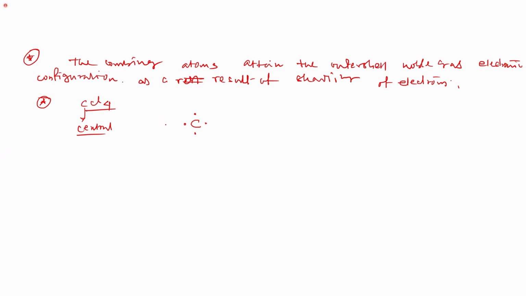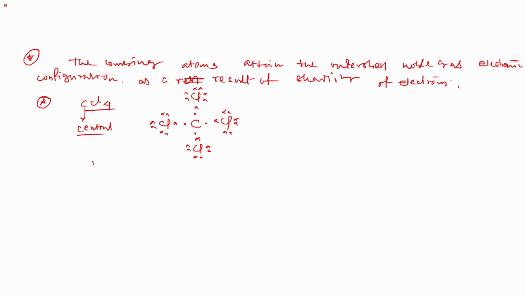Now you have to draw the Lewis symbol for the Cl atom. We know that it has 7 valence electrons, so the Lewis symbol for the Cl atom looks like that. For the Cl atom I am drawing the electrons as crosses, and for the carbon atom I have drawn the electrons as dots. So this is the Lewis symbol for the chlorine atom, and this is the Lewis symbol for the carbon atom.